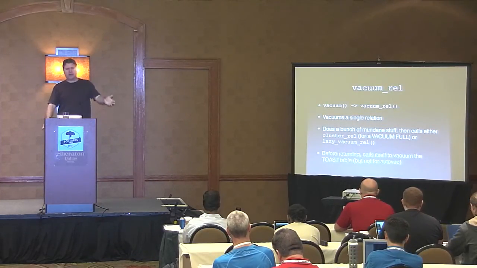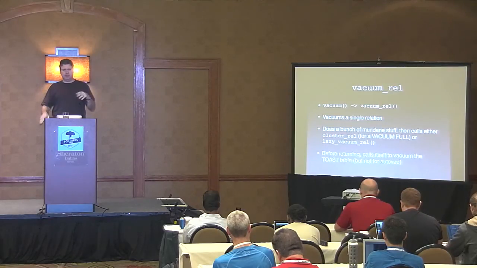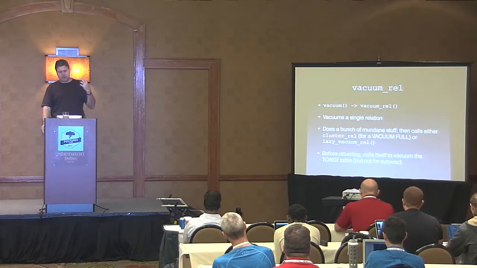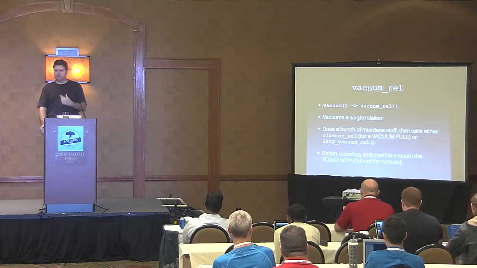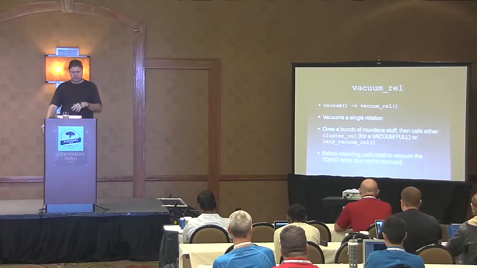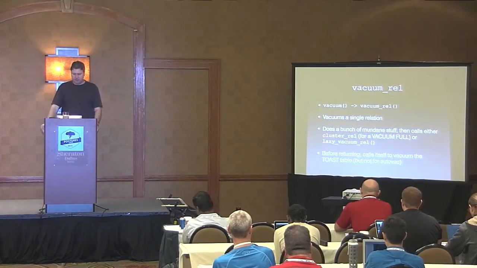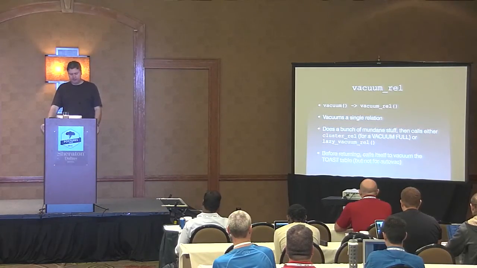So the vacuum command, when you type in vacuum, it calls the vacuum function. The vacuum function does a few things, and then it calls vacuum_rel. This is the function that actually vacuums a single table. It does a bunch of mundane housekeeping stuff, and then it either calls cluster_rel if you said vacuum full, or it calls lazy_vacuum_rel.